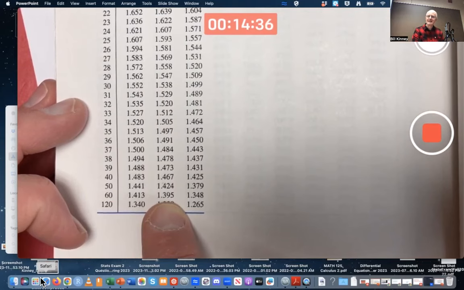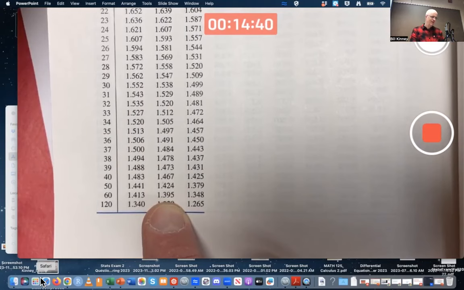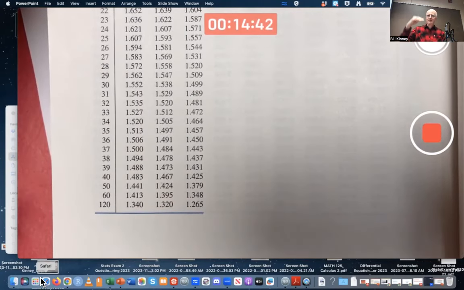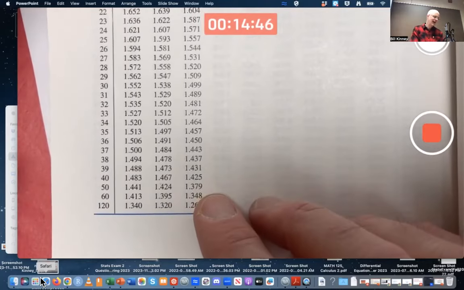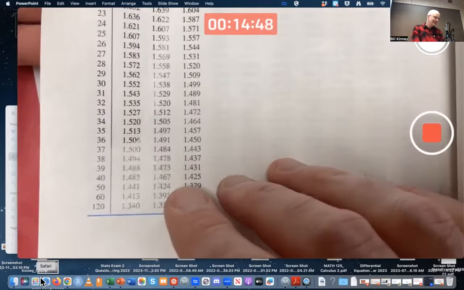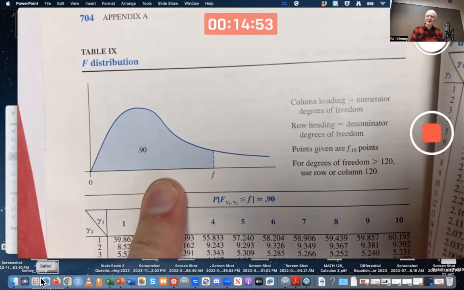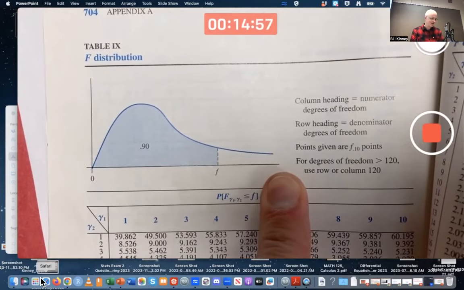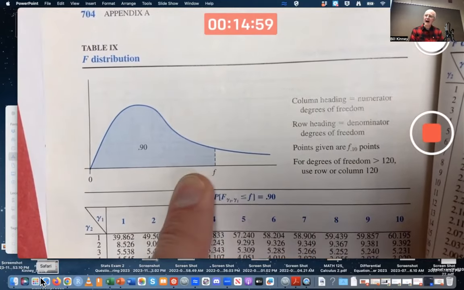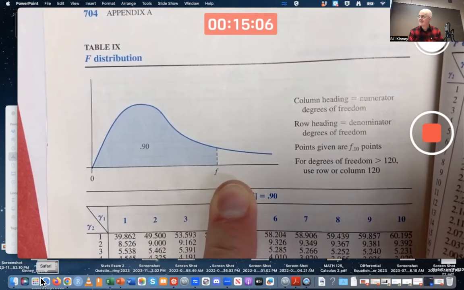What does that mean? 1.395 for 60 degrees of freedom on the top and 60 degrees of freedom on the bottom is the critical value, such that, going back to the other page, this area is 0.9, meaning this area is 0.1, meaning our number, which was 1.097, has an area to the right bigger than 0.1.